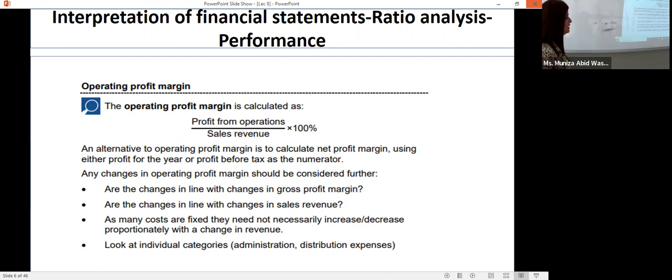Are the changes in line with the changes in the sales revenue? As many costs are fixed, they need not necessarily increase or decrease proportionately with a change in revenue. If more of the costs in the indirect expenses are fixed, can you control them? Do they have any relationship with the increase or decrease in the sales revenue?